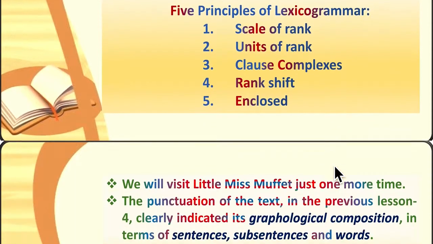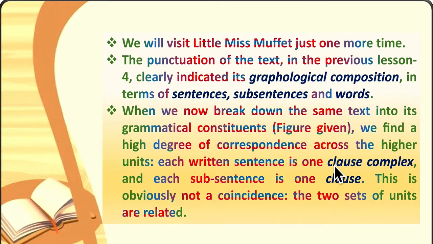But before we discuss, let's have an example first to understand what those 5 principles might mean. If you recall lesson 4, we had a table and an example in which we divided the sentence into sub-sentence, word and letter, different levels of constituency.